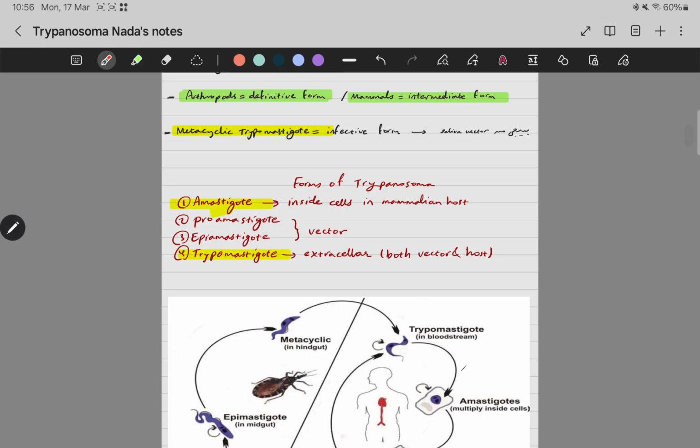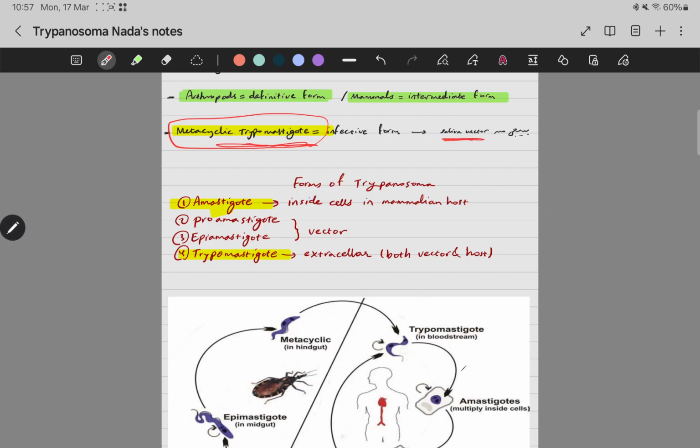What about the infective form of trypanosoma? The infective form is the stage of the trypanosoma that causes infection. It is the metacyclic trypomastigote. This is a name we should keep in mind, and we will learn more about it later.